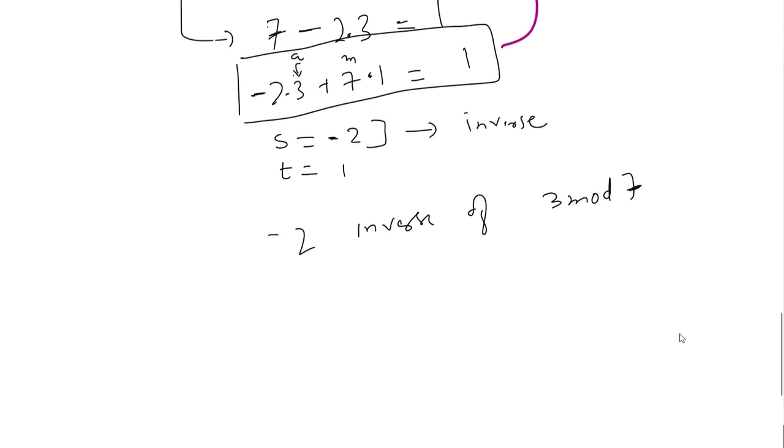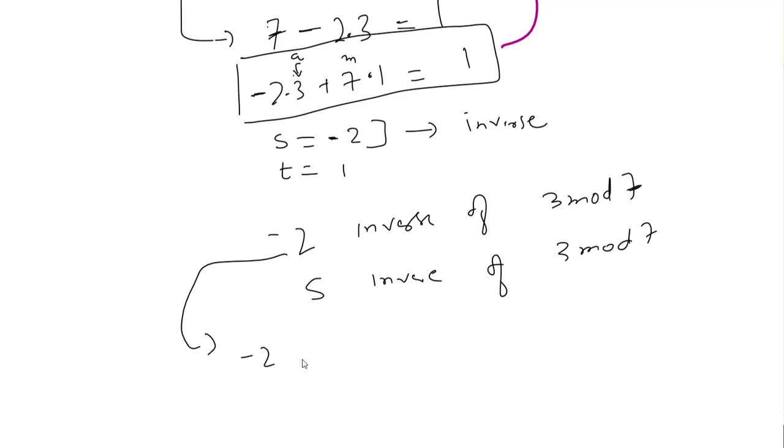Now we also found in another example, by doing that with another method, that 5 was the inverse of 3 mod 7. Now if you look at minus 2 and add 7 to it, that will become 5.